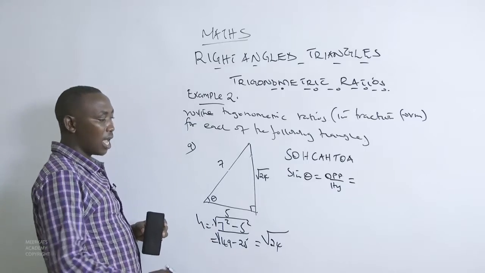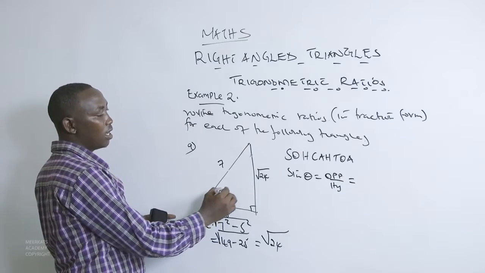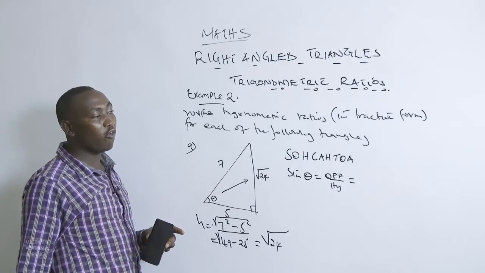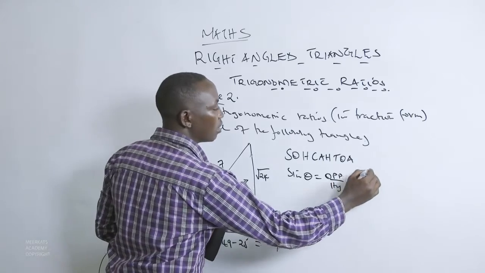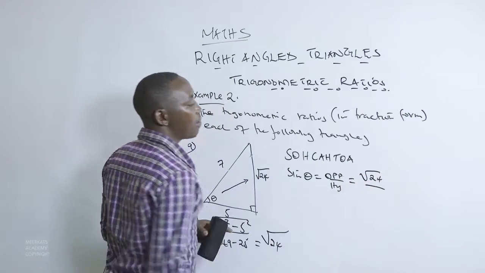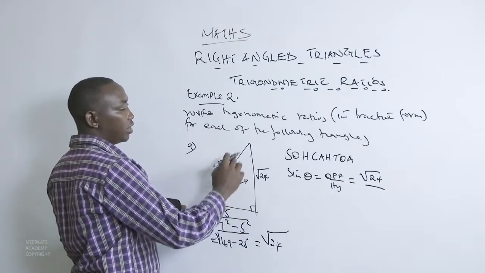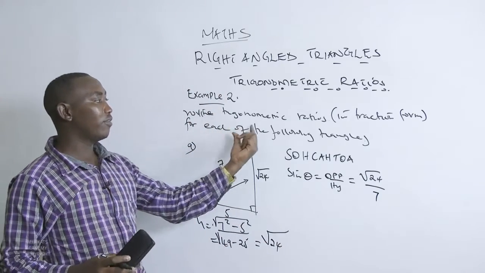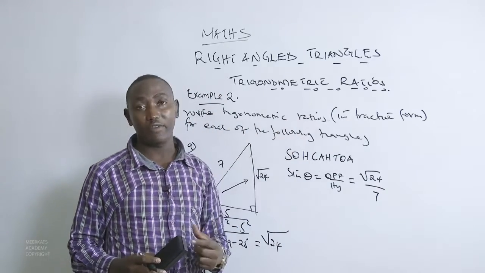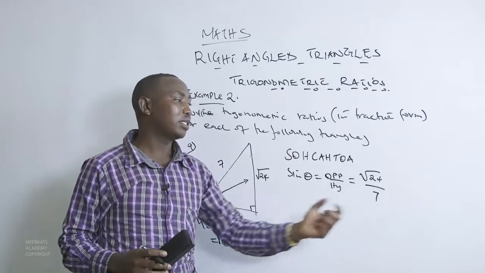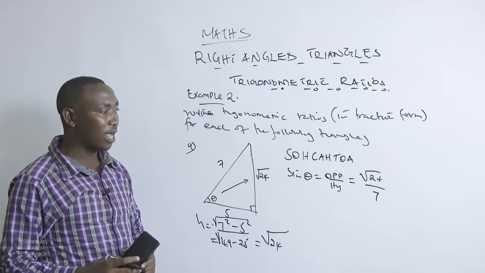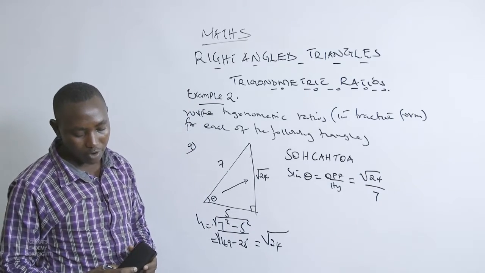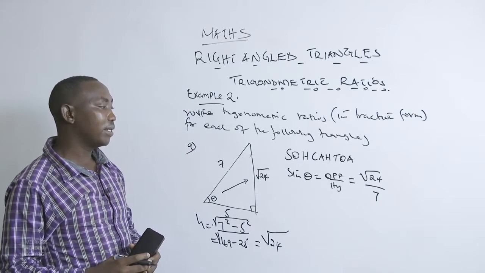And in this case, the opposite to this angle is root of 24 over hypotenuse, which is 7. The question requires us to leave our trigonometric ratios in fraction form, so we can leave it in that form, that is root of 24 all over 7.